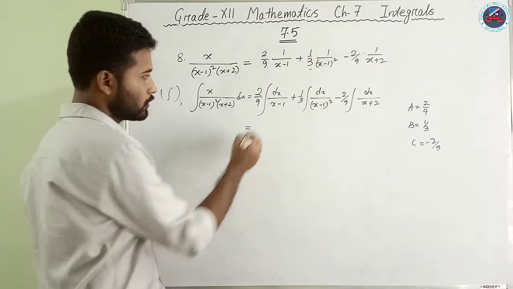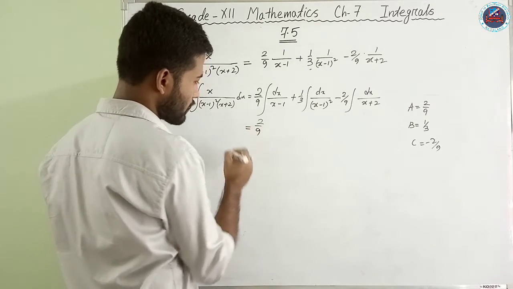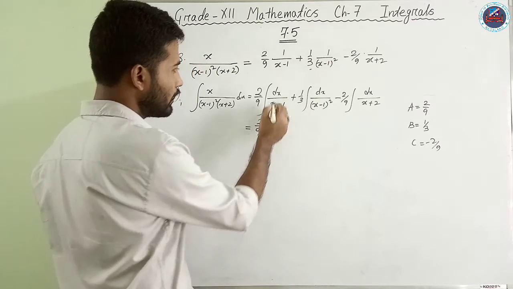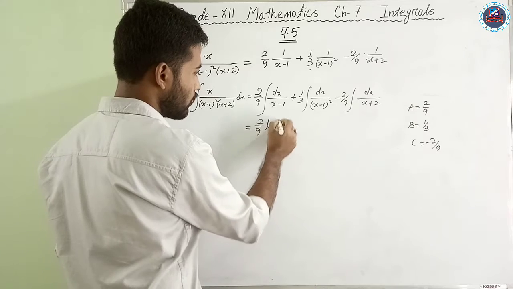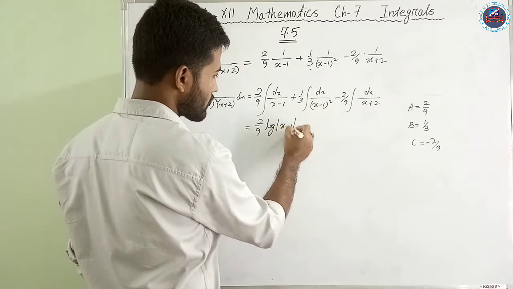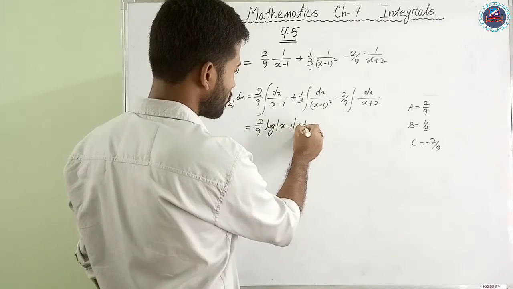This is equal to 2 by 9 integration of dx by (x minus 1). By substituting it, we shall get log of (x minus 1) plus 1 by 3.